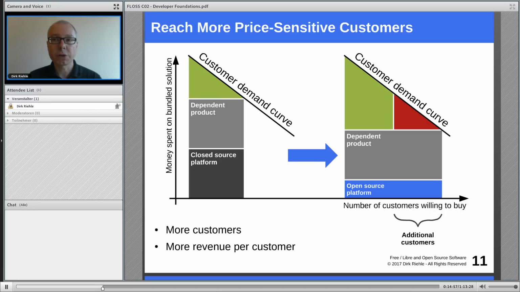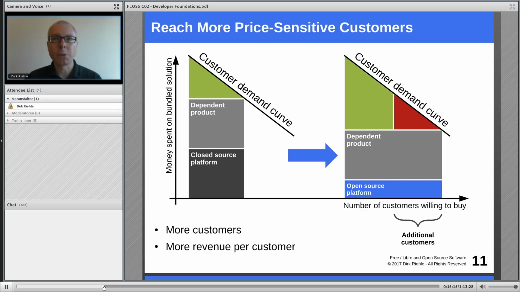Now, with a lower price point for the closed source platform because it's being replaced with an open source platform, the combined price goes lower, which means that the vendor of the dependent product can reach more price-sensitive customers.